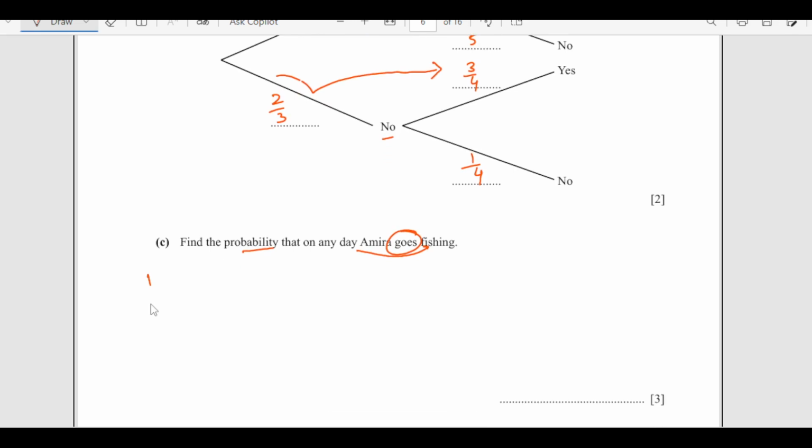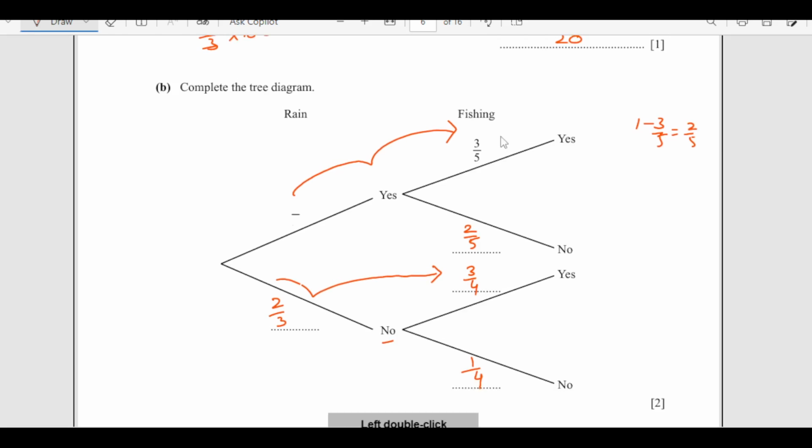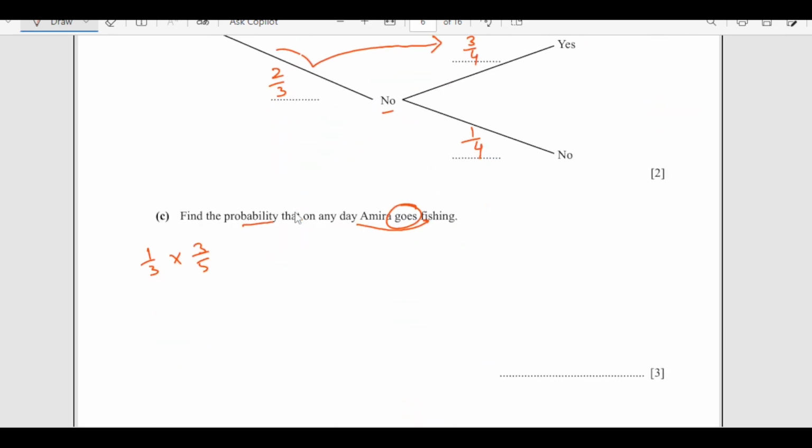This is 1 over 3 times 3 over 5, another one is 2 over 3 times 3 over 4. So this is 1 over 5 plus 1 over 2. Okay, so this is going to be 7 over 10. So 7 over 10, right?